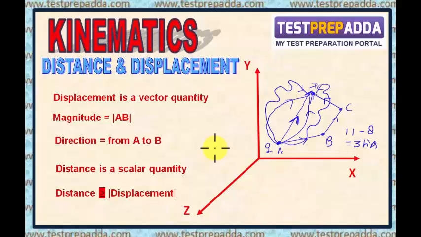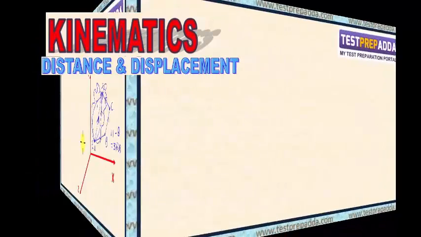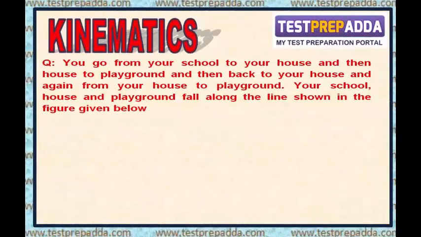Now we will take a few questions here to understand the concept of distance and displacement. The question says you go from your school to your house, and then your house to playground, and then back to your house, and again from your house to playground.